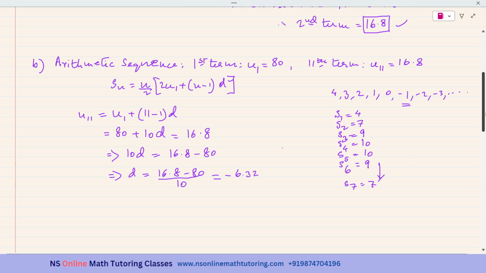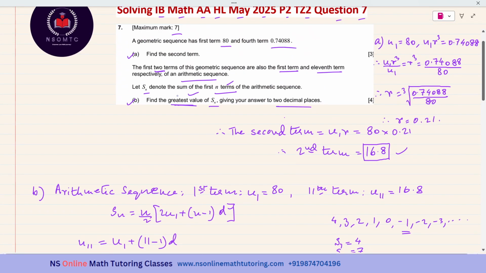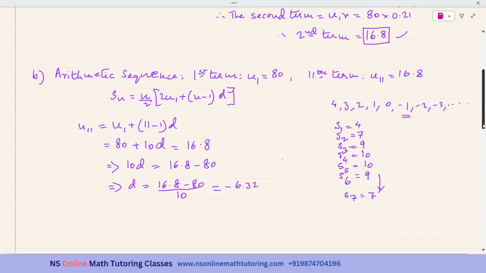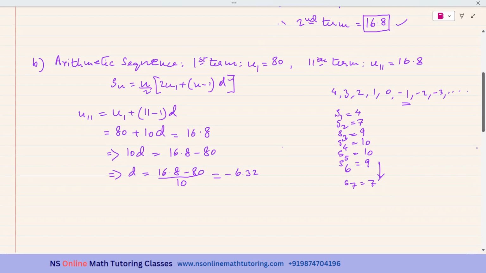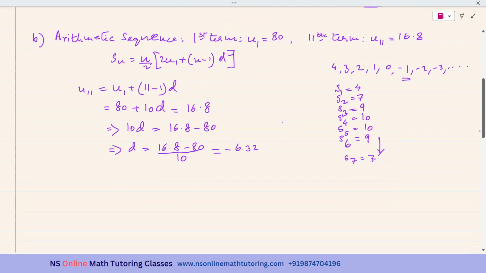So the greatest sum total comes into picture whenever you have a negative common difference. So we have to know how many positive terms are there in this arithmetic series, because only the positive terms when added will be adding to the sum total.